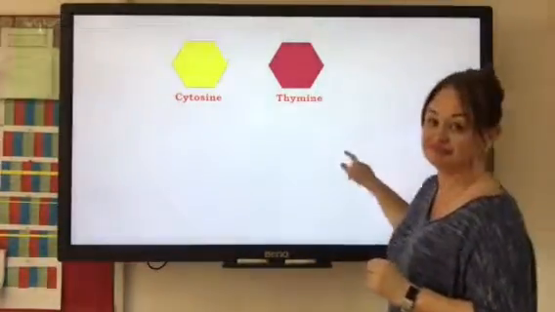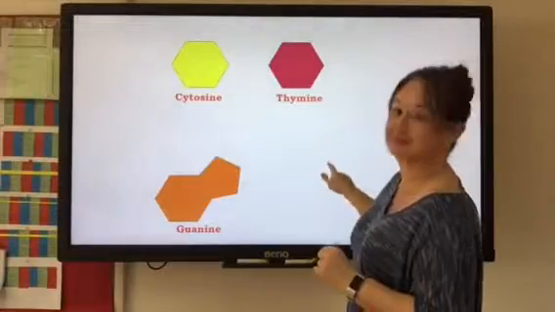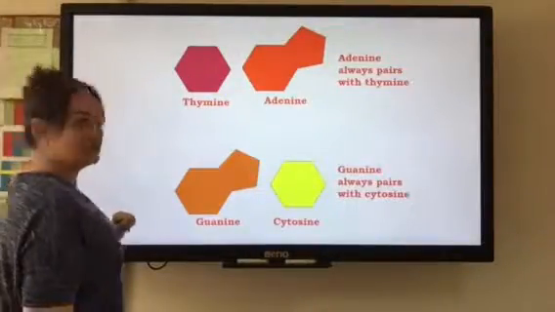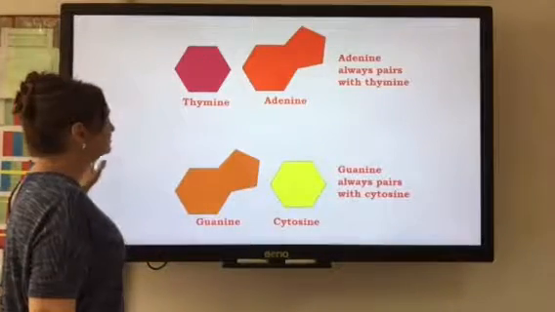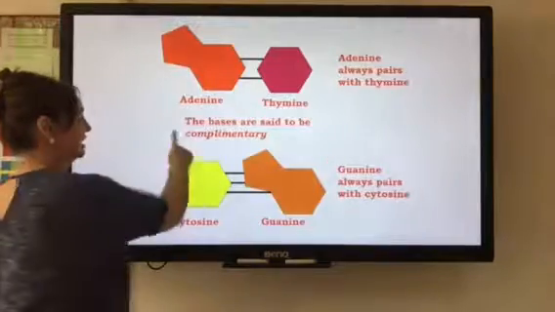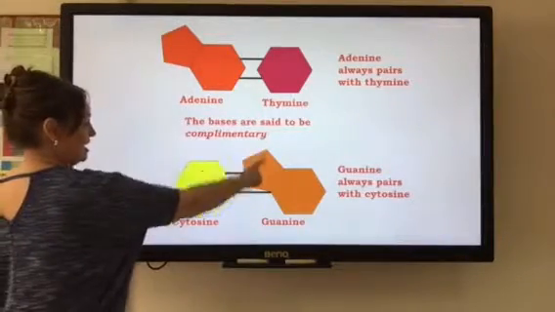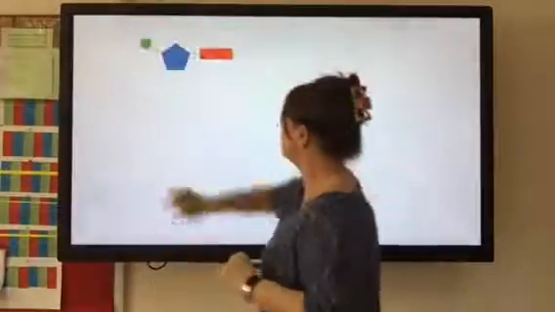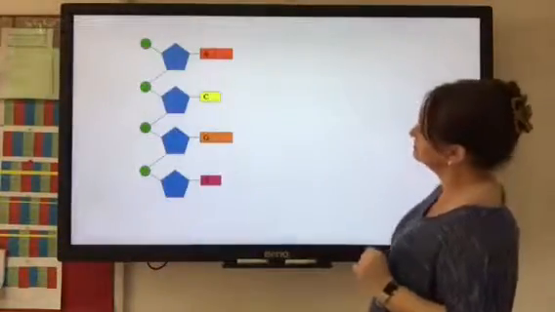So there's one example of a base: cytosine, thymine, guanine, and adenine. Guanine and cytosine will always pair together, and adenine and thymine will always pair together. They pair using hydrogen bonds, and between cytosine and guanine there are 3, and between adenine and thymine there are 2. None of that matters at GCSE.